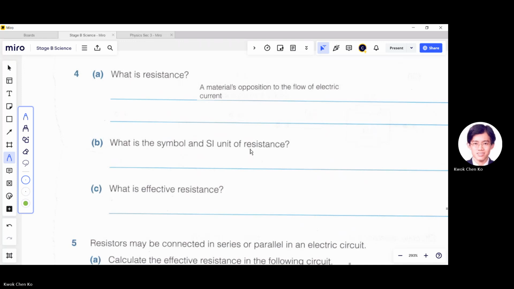Symbol. Unit. Yes, that Omega thingy. What is effective resistance? It's basically total resistance. It can be a chunk, can be the whole circuit, depending on the question, because you're trying to consider the resistances of all the components together. So that presents an effective resistance. Okay, it's quite fun now. When you go higher up, then you realize that even a battery has its resistance.